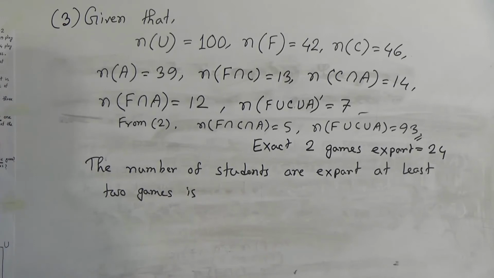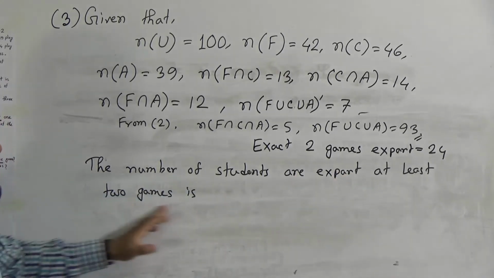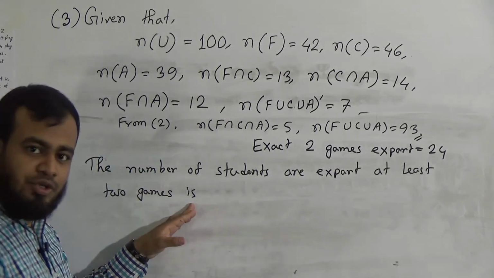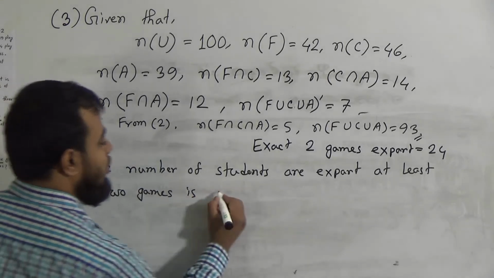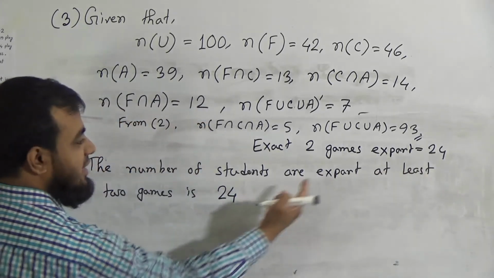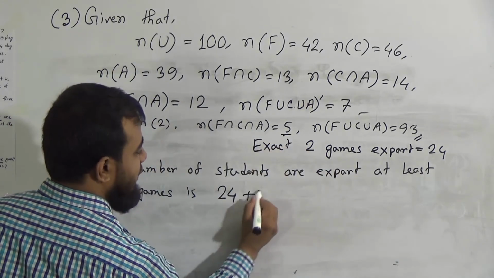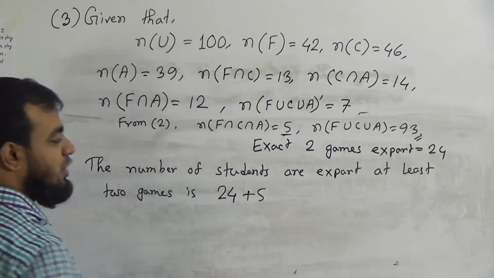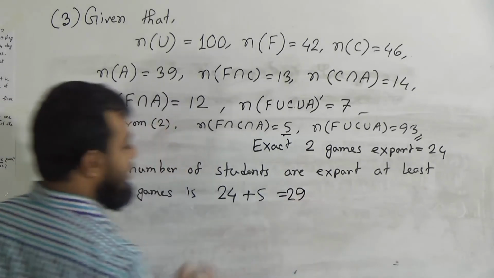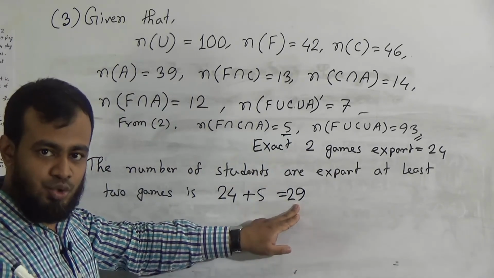It means that they are expert in 2 games and they are also expert in 3 games. So the exactly 2 games expert is 24, and at least means they can be expert in 3 games also. So we need to add this 5 also, because 5 is the number of students who are expert in 3 games. So this equals 29. So 29 students are expert in at least 2 games.